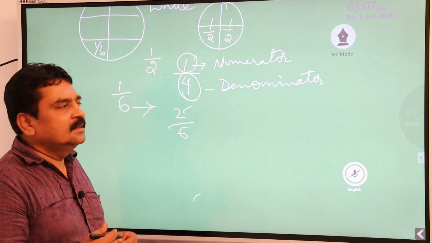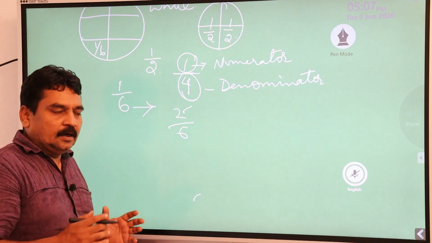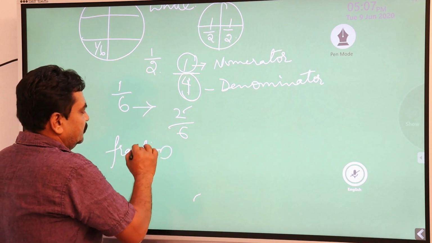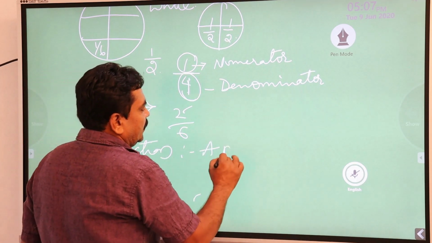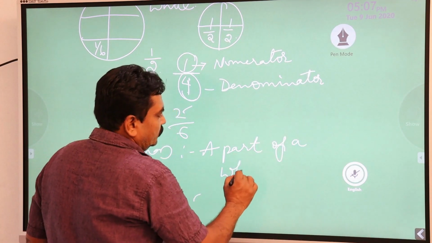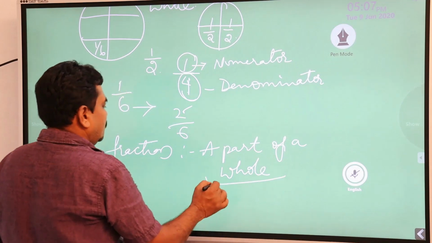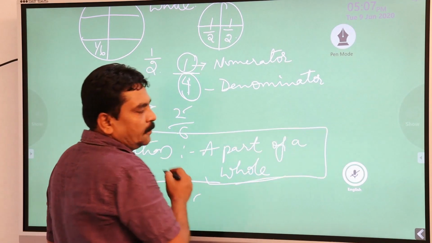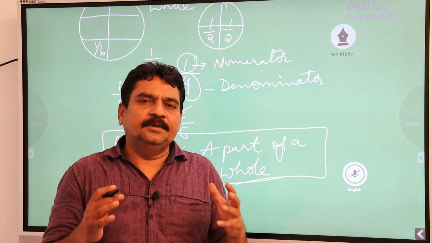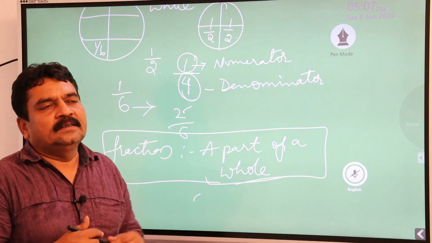So a fraction is a part of a whole. I'll write down the definition here. Fraction means a part of a whole. This is your definition of fraction. This is the minimum thing you have to keep in your mind while doing fractions.